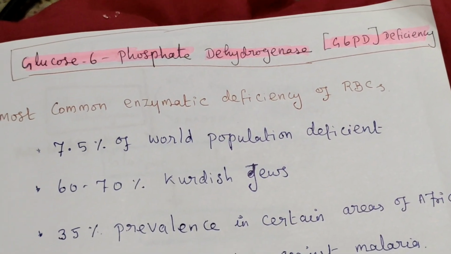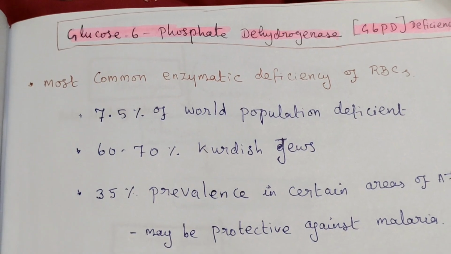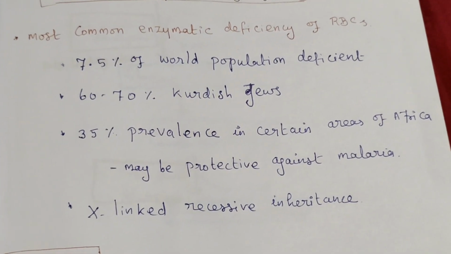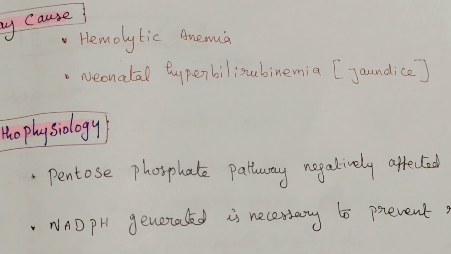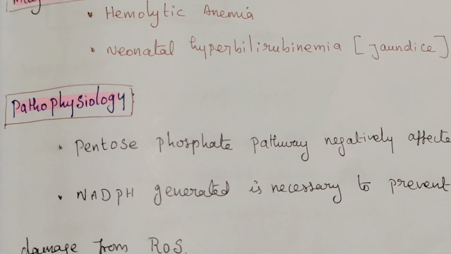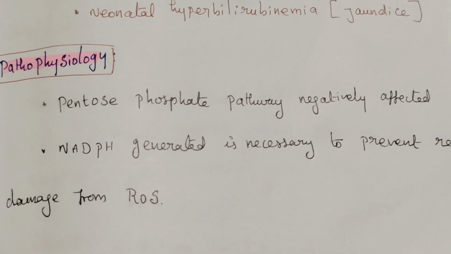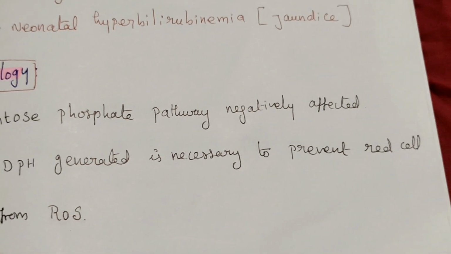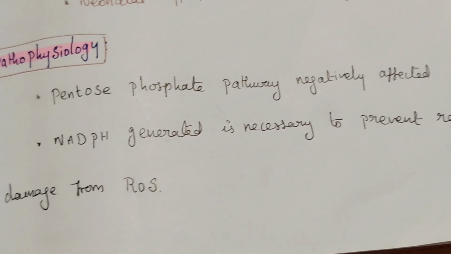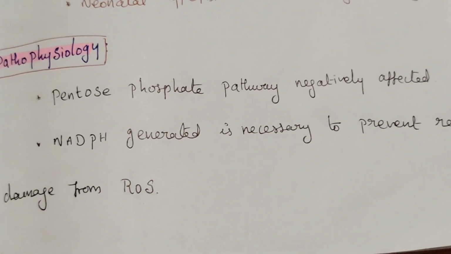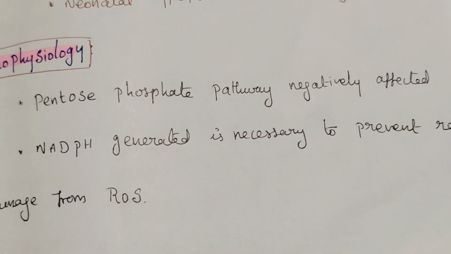So this video discussed glucose-6-phosphate dehydrogenase deficiency. This is the most common enzymatic deficiency. It causes hemolysis and neonatal hyperbilirubinemia. NADPH generation is necessary to prevent red cell damage from reactive oxygen species.